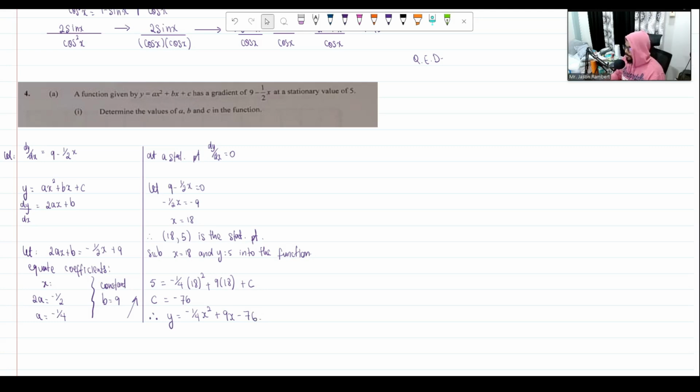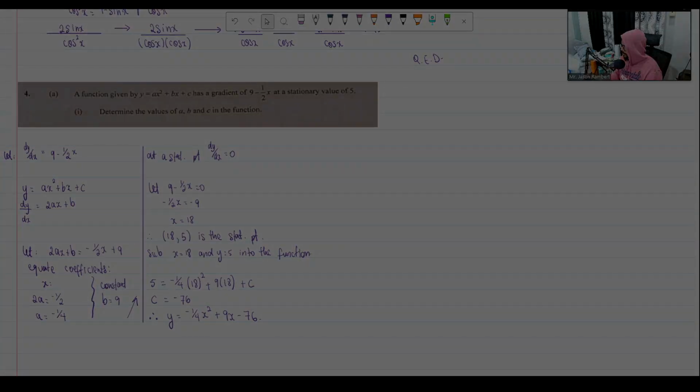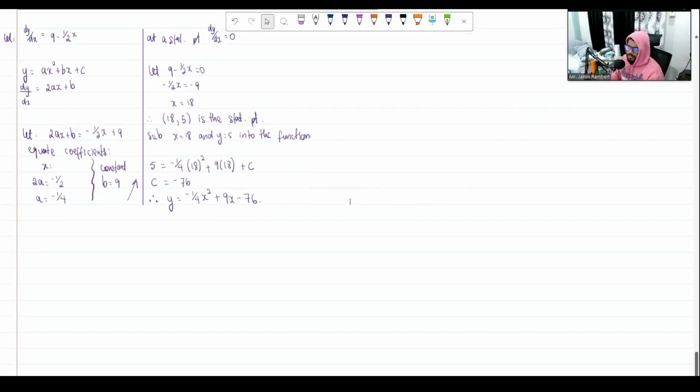Determine the nature of the stationary point is the next part. So we could go into the second differential, or you can go into a box plot if you want. Actually, we don't have to do any of that. Determine the nature of the stationary point.